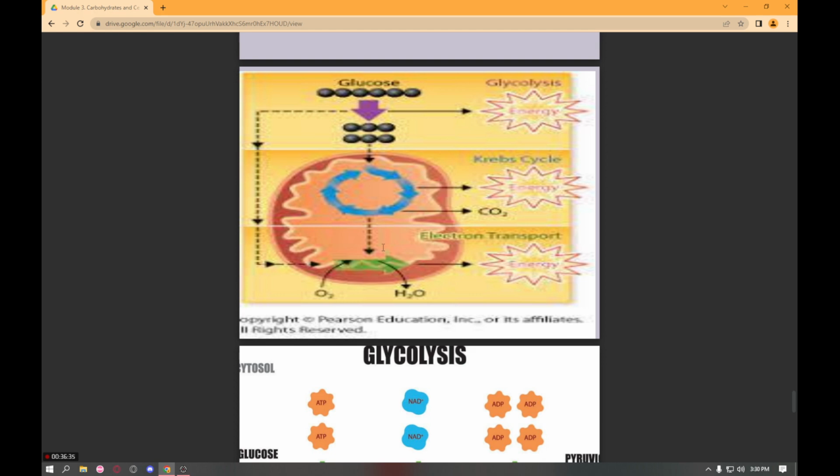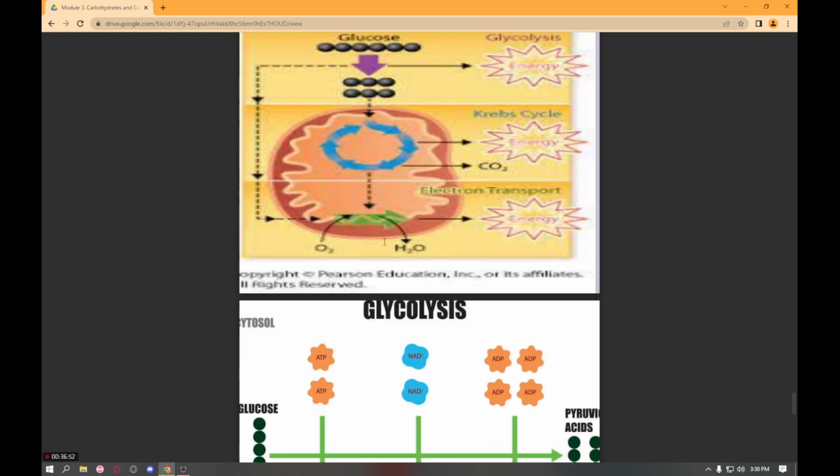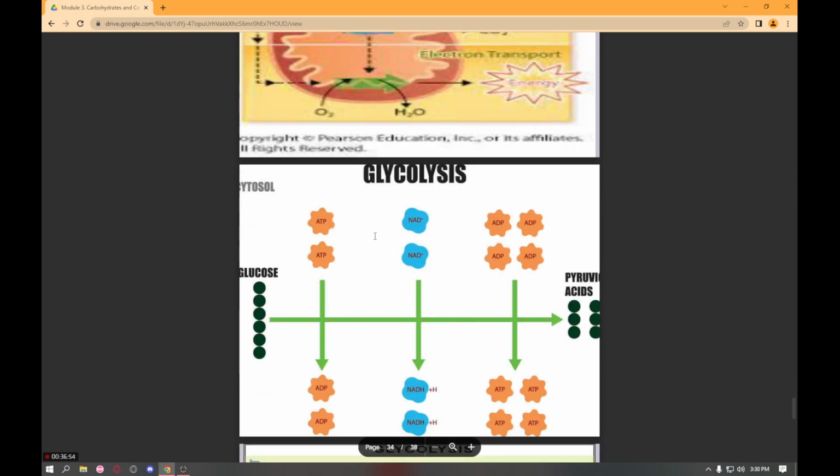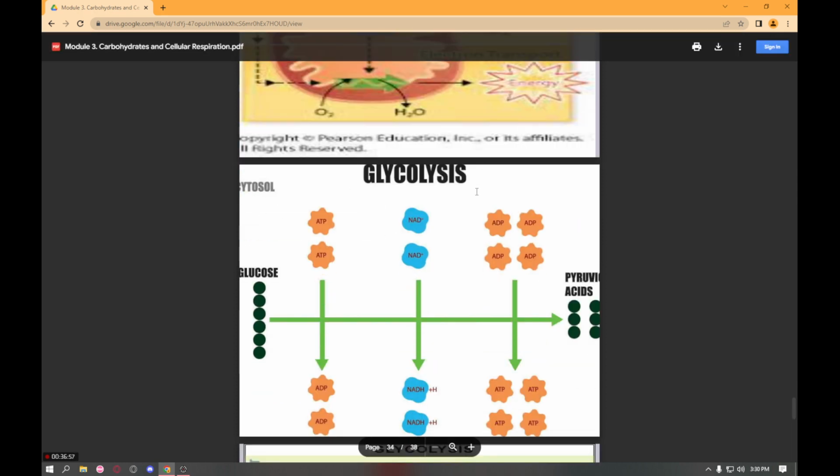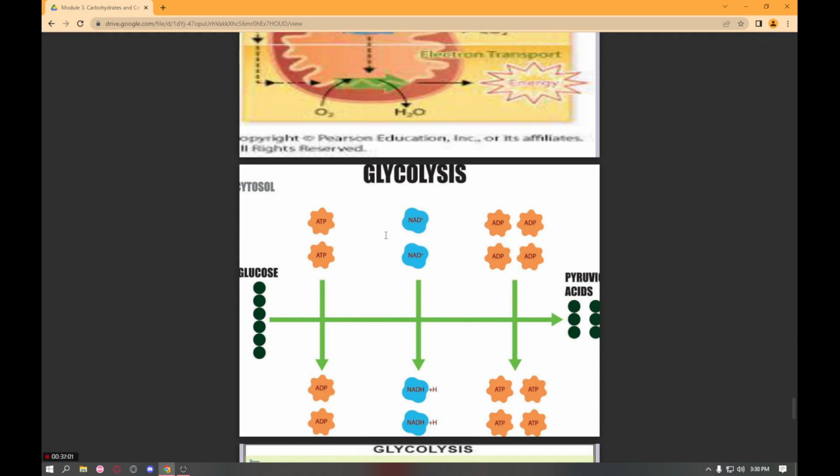So this electron transport chain produces ATP again to release this energy, and it produces a number of ATPs if you compare to glycolysis and the Krebs cycle. So your glycolysis happens in the cytosol or inside the cytoplasm.